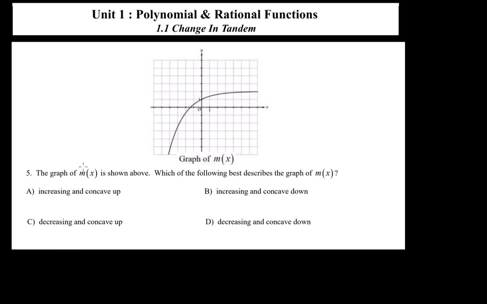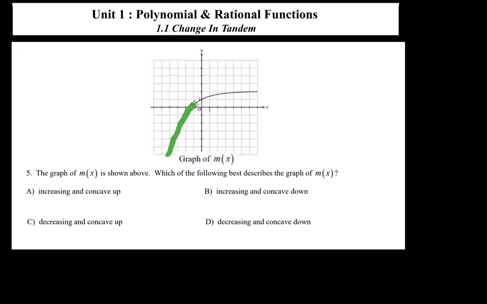So now we have a multiple choice question. We are given a graph. Which of the following best describes the graph? We have A, B, C, and D. So now let's label the graph and see how the graph is behaving. I'm starting from the left. As you can see, I'm climbing up, which means I'm increasing.